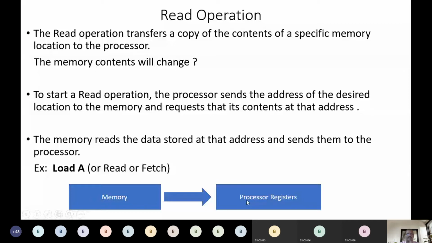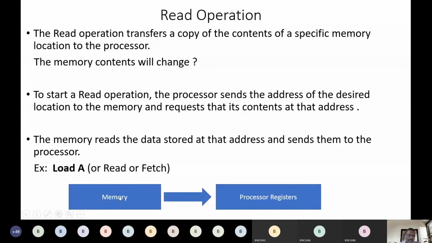Can anybody say what processor registers we have, where operands are stored? You remember those n registers we have? You can type or you can speak. R0 to Rn, the processor registers.